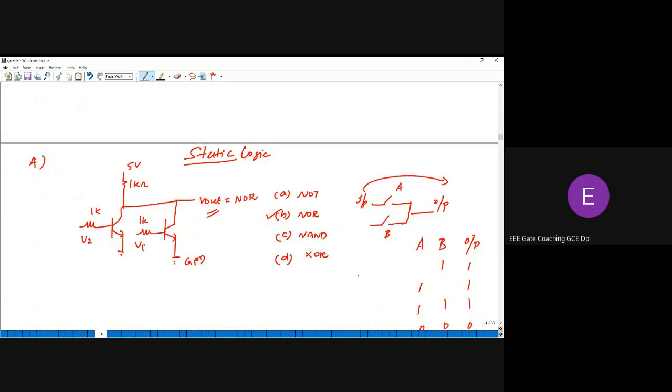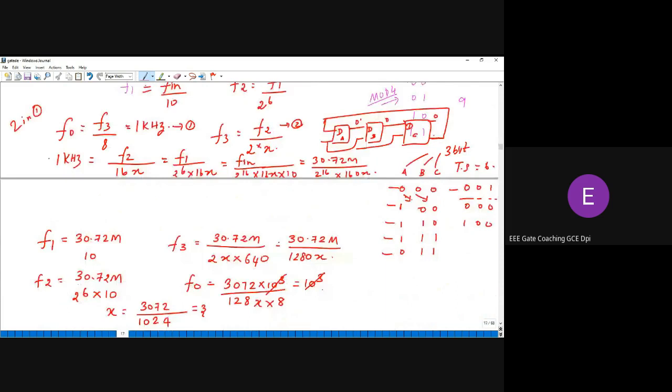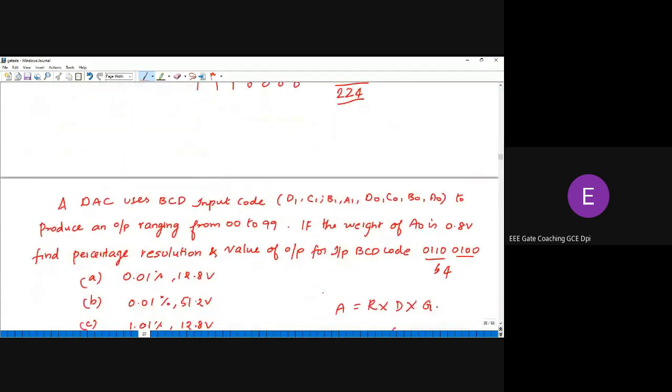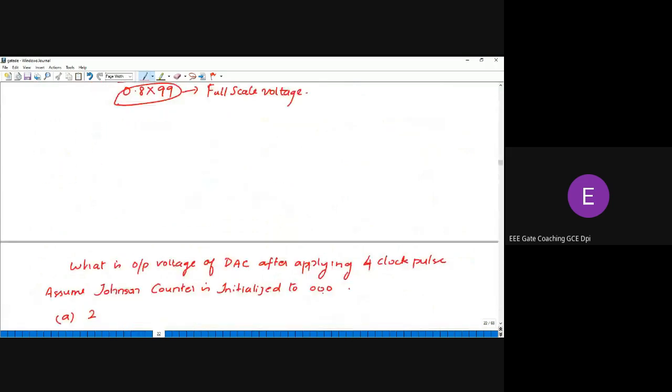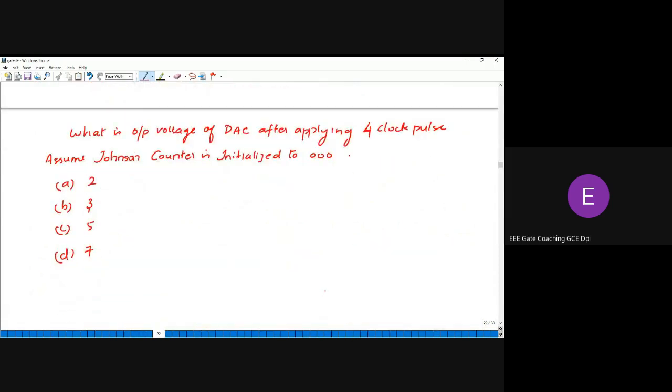If two transistors are connected in parallel, it means there is an OR gate, and the output is the inversion of that logic. Then I have also discussed the Johnson counter, ripple counters, and ring counters.